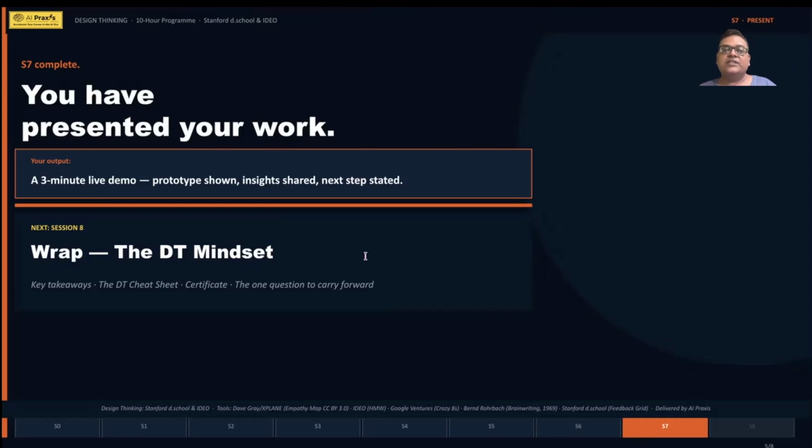So notice that there is no best prototype award, because design thinking does not optimize for the best looking prototype. It optimizes for the deepest learning. And these 3 awards name exactly what that means in practice.